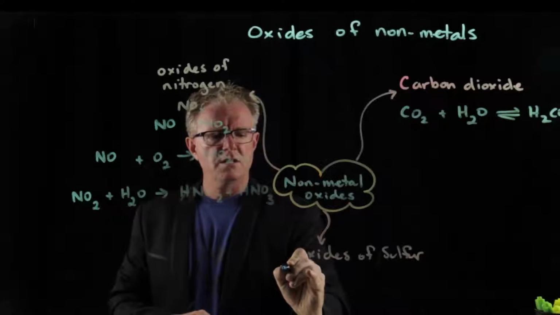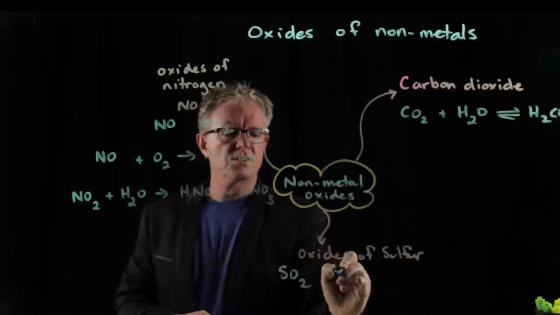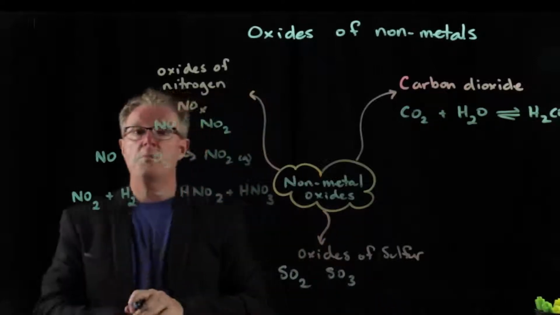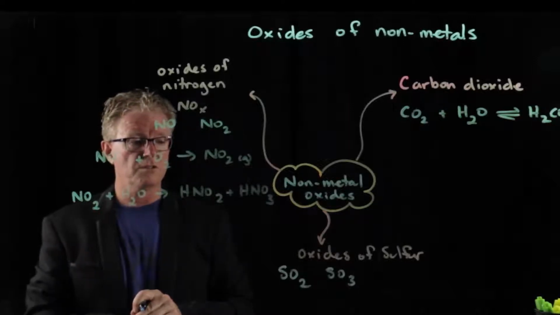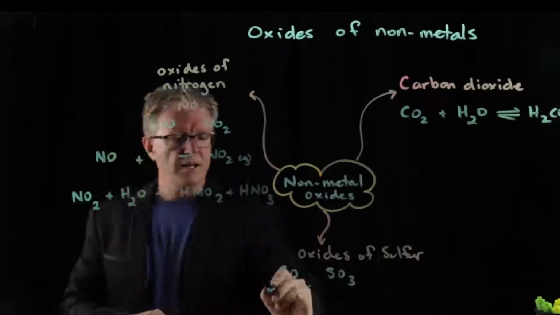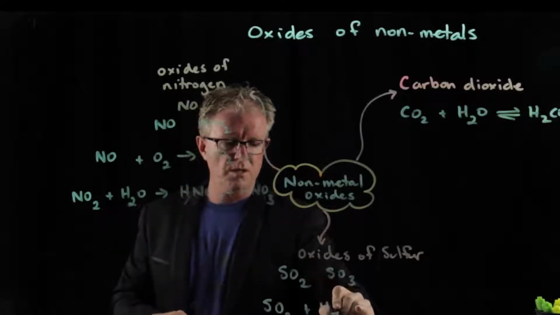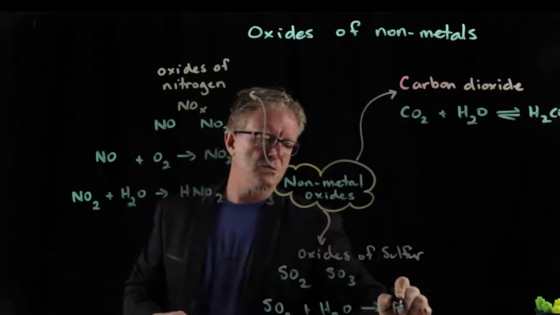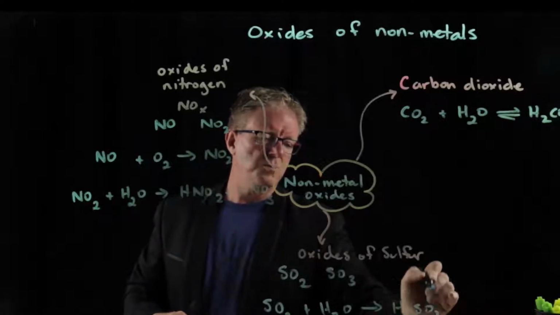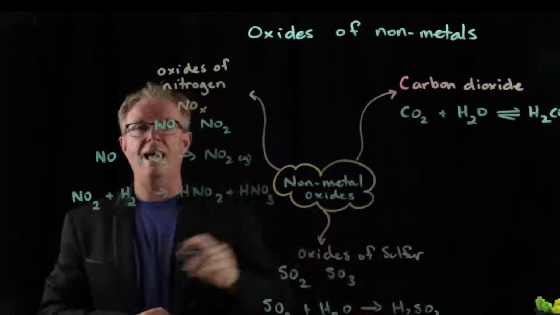So we've got sulfur dioxide and sulfur trioxide, the two culprits we're going to be looking at in this particular video, just very quickly before we finish. And if we have sulfur dioxide, that sulfur dioxide can react with water to produce, and I hope you're getting it down there, sulfurous acid.